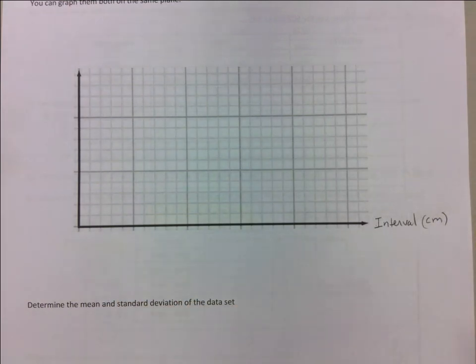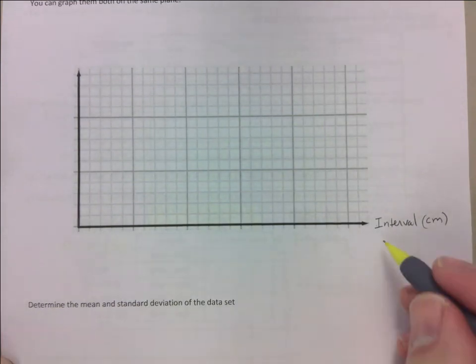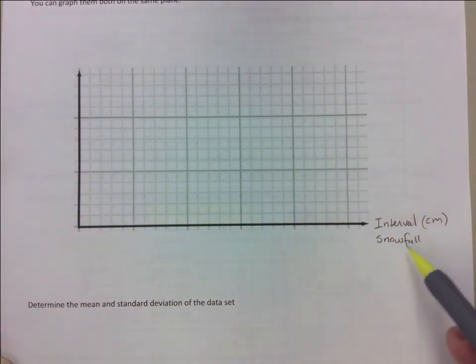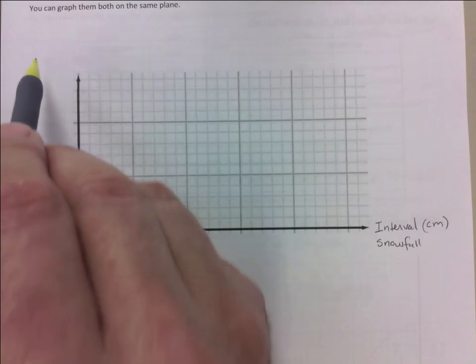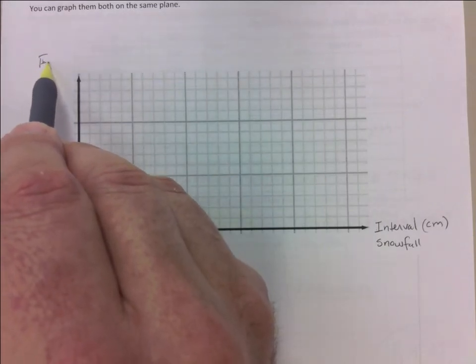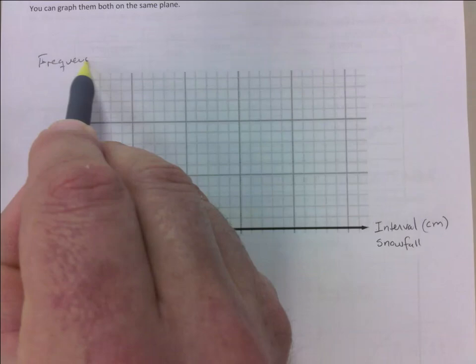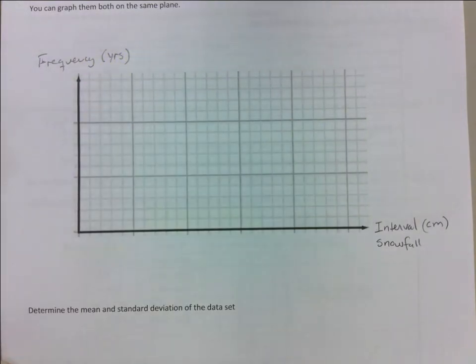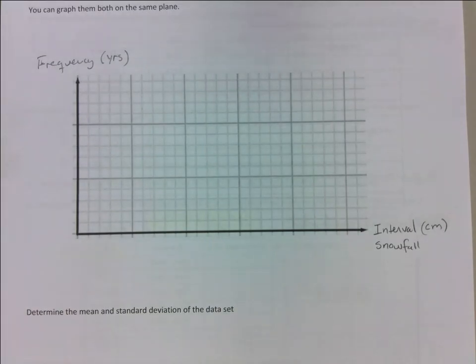I don't like just writing down intervals, so I'm going to say snowfall. We're just going to make this up, that the interval represents the amount of snowfall in centimeters. And then the y is the frequency. And we'll say it's the number of years that this happened, in this case.